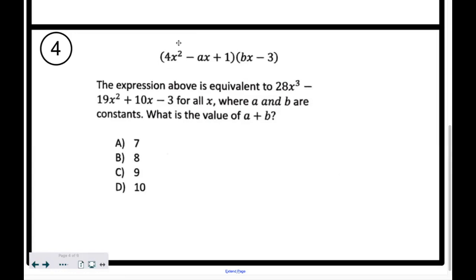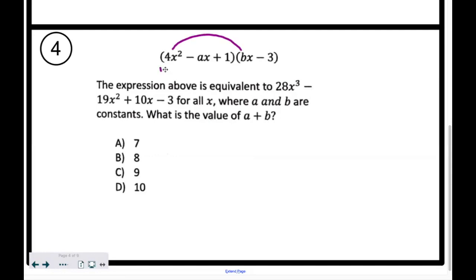I would do 4x squared times each of these, and then negative ax times each of these, and then 1 times each of these, and I would get six terms. That would take some time. So what I'm looking to do is use my knowledge of how I would do that to look at the little pieces that I want to do.